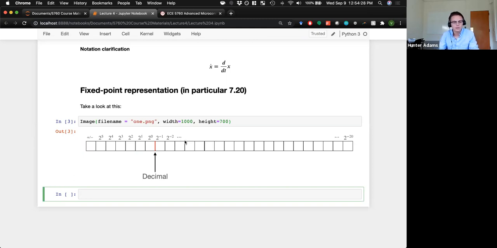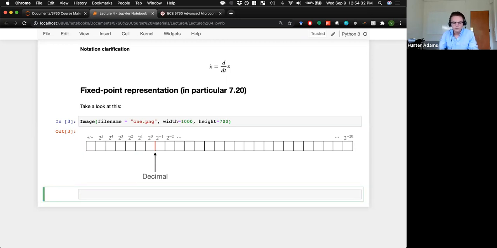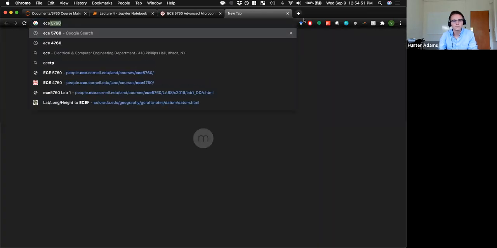So let's take a look at signed multiplication. Multiplication of 7.20 fixed point. And I'm going to grab a code snippet from the website.